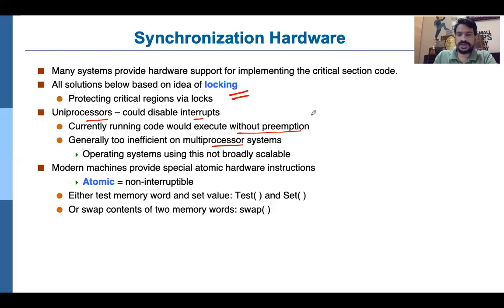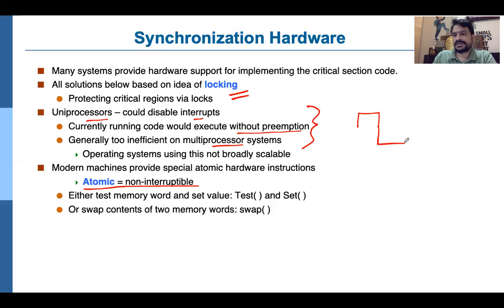So either we can use this assumption, or if we are using a modern system, we have to make sure that whatever instruction we are talking about is atomic. Atomic means the hardware has some instruction which will be executed by the CPU in one CPU cycle.